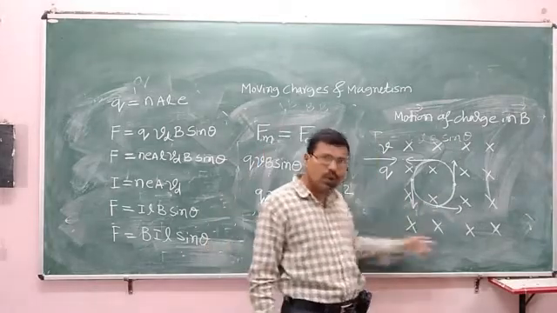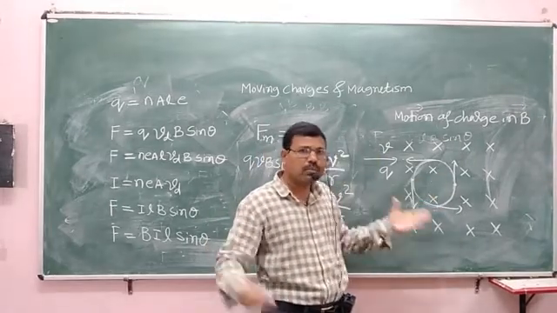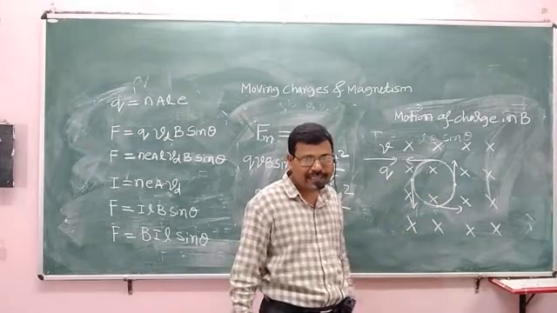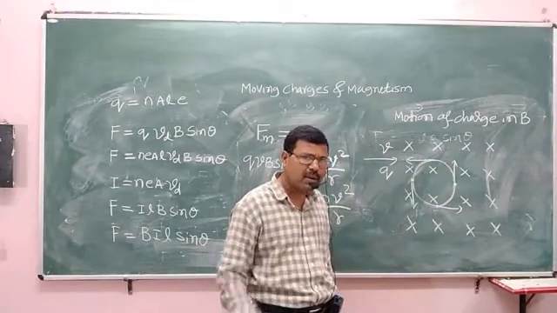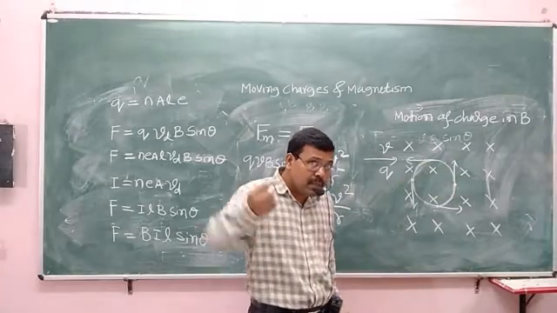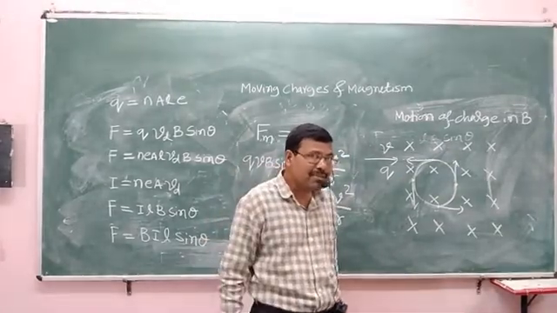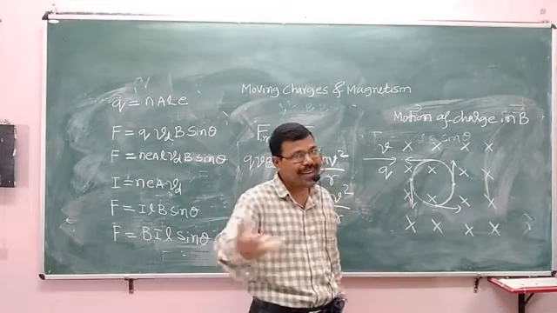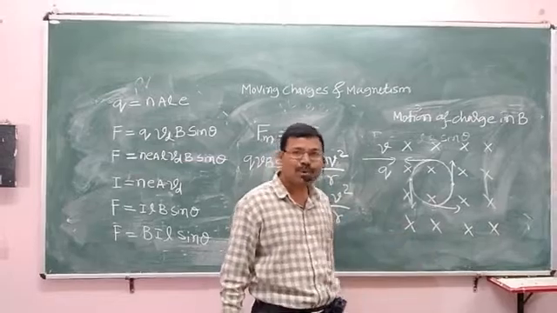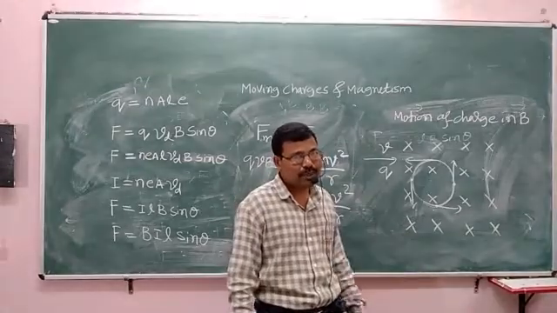So this circular motion is always an accelerated motion. Even though the magnitude of velocity may be constant, the velocity is changing in terms of direction. Circular motion is an accelerated motion.